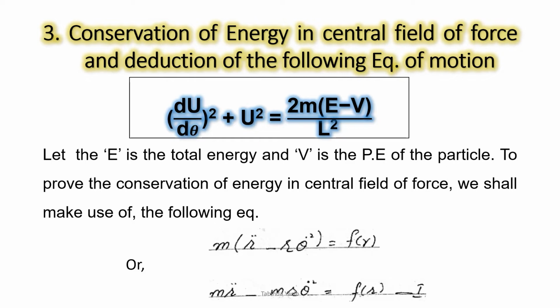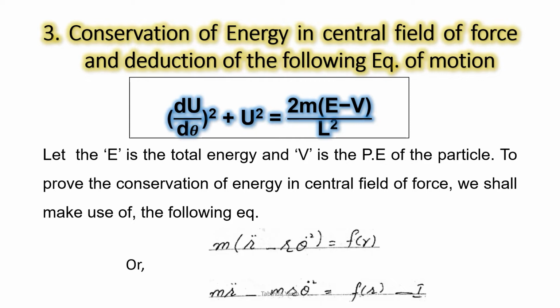Now let E be the total energy and V the potential energy of the particle. To prove the conservation of energy in a central field of force, we make use of the following equation, which I already told you, of central force.